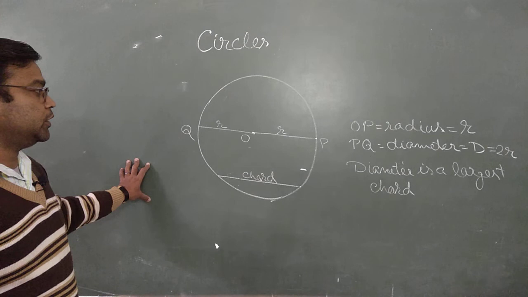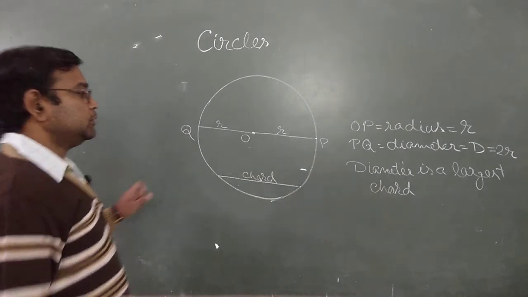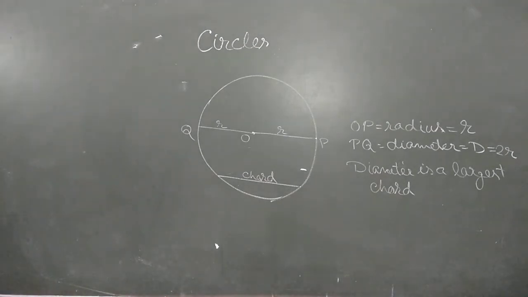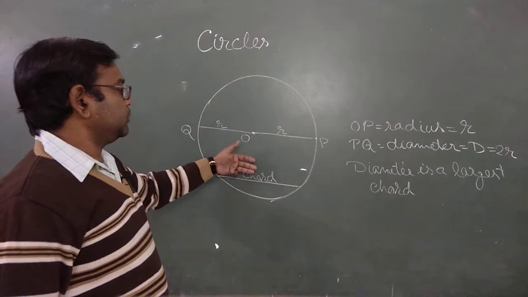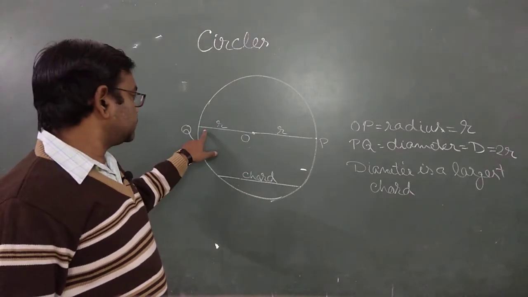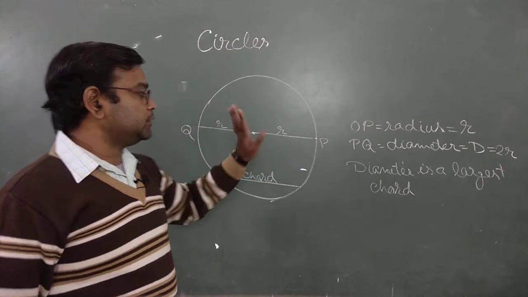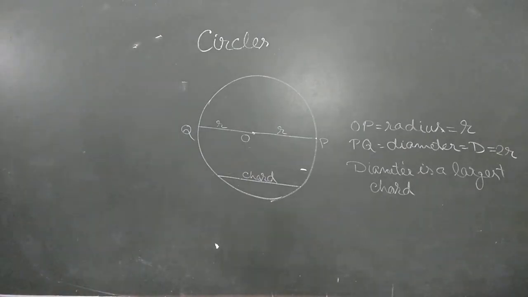Hope this thing is clear to you. Diameter is the largest chord. And this is your semicircle, or this is your semicircle, which is divided by the diameter. Hope this thing is clear.